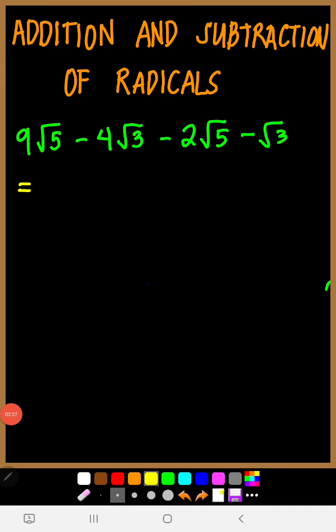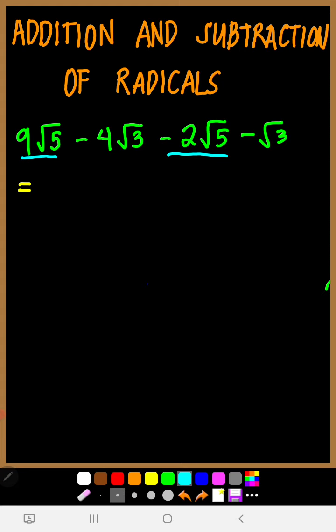Okay, here's another example. 9 square root of 5 minus 4 square root of 3 minus 2 square root of 5 minus square root of 3. Okay, so although pare-parehas ng index na 2, lahat sila naka-square root, iba-iba yung base nila. So ano yung magkakasama dito? Yung 9 square root of 5 tsaka yung negative 2 square root of 5.